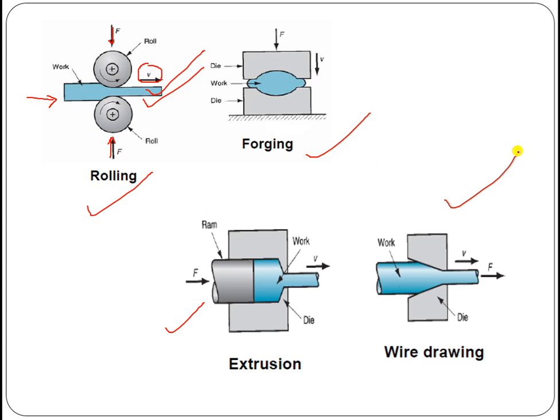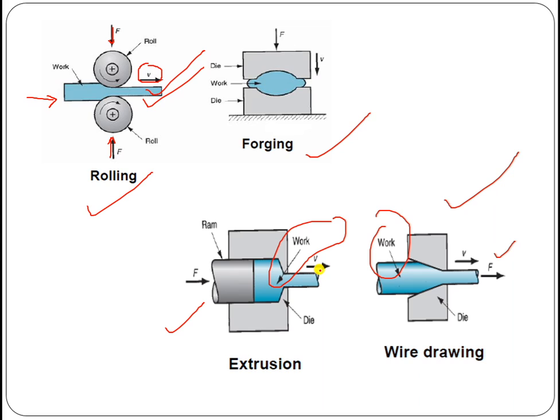This is extrusion and wire drawing. That is the only difference between the extrusion and wire drawing processes. The workpiece available here has somewhat higher dimensions compared to the workpiece available here, and depending on the requirement, wire drawing has smaller dimensions of shape and size. The length may be similar, but the cross-sectional dimensions are different.